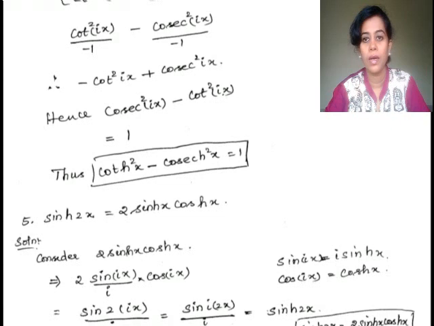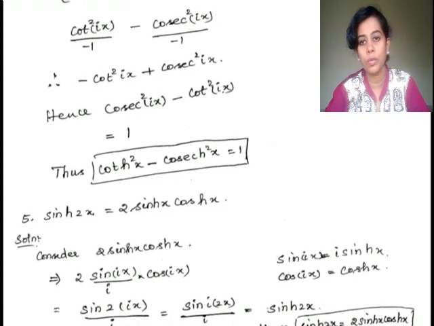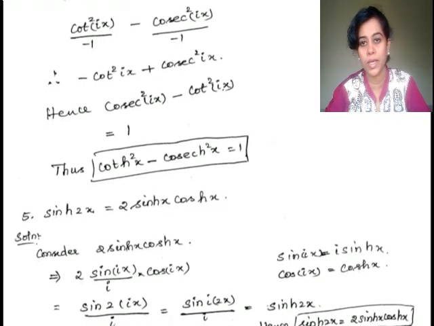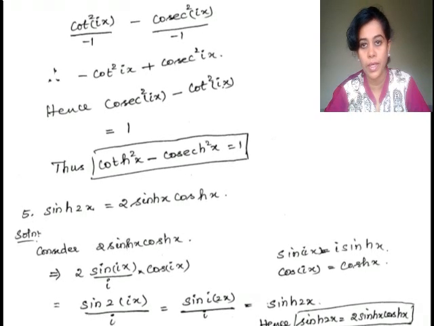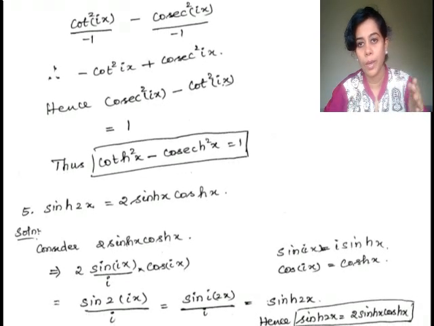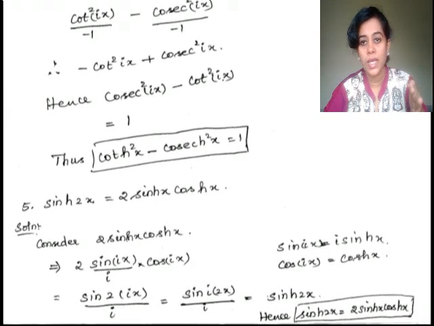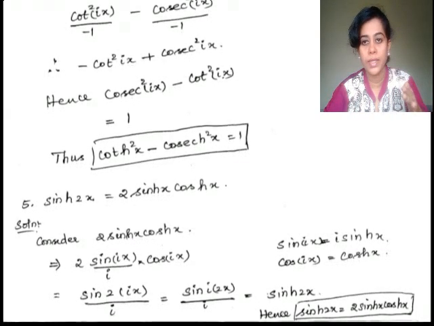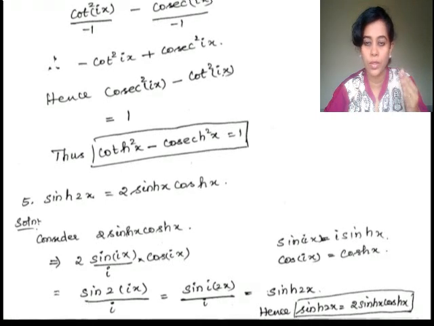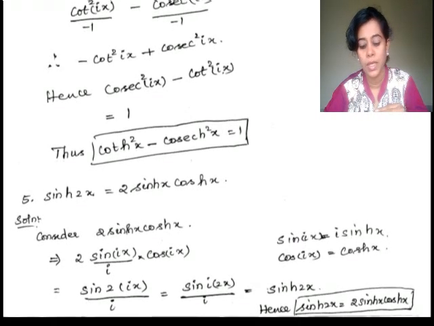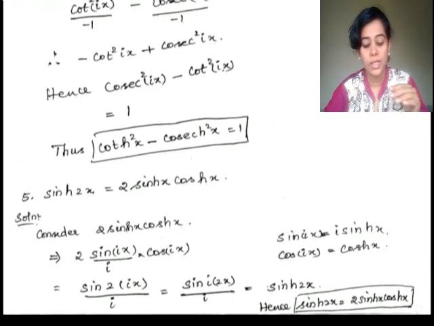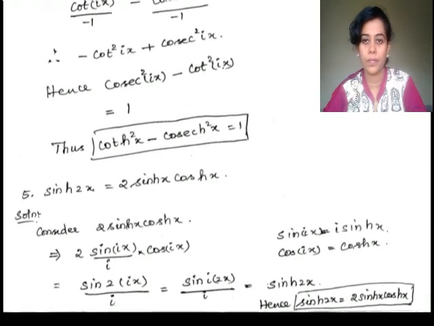This will be of the form 1 by i of 2 times sin ix cos ix. So consider ix to be theta. Then this will be 1 by i of 2 times sin theta cos theta. 2 times sin theta cos theta will be sin 2 theta. So therefore we can write it as 1 by i of sin i 2x.